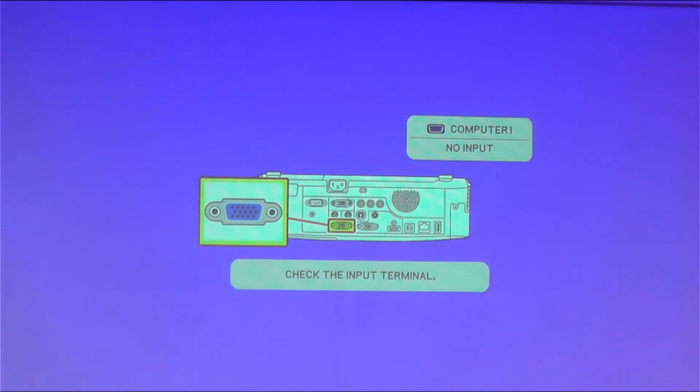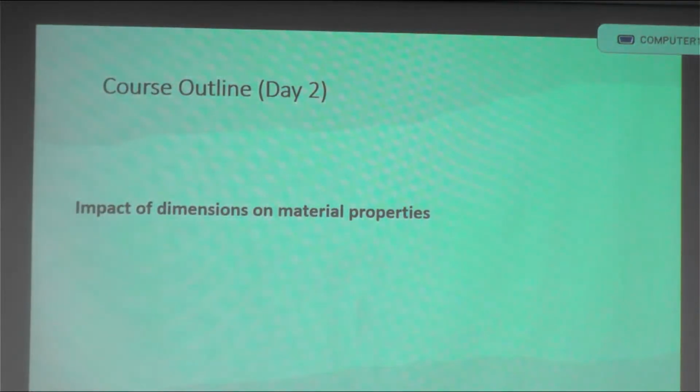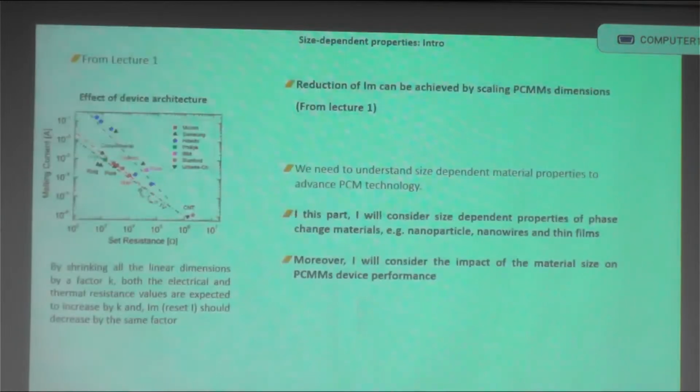So now let me continue with our lecture on the impact of dimensions on material properties. From our lecture 1, we have already defined the melting current, and we know that if you reduce the size of the phase change layers, we can also reduce the melting current.